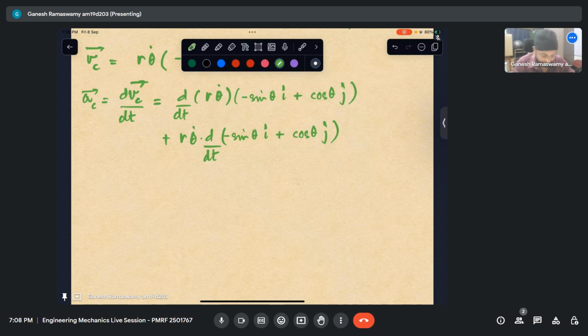So that is what it is. It is essentially alpha r plus omega squared r. That is what it will come to, but let us see how that comes.